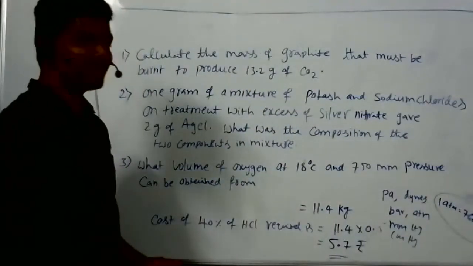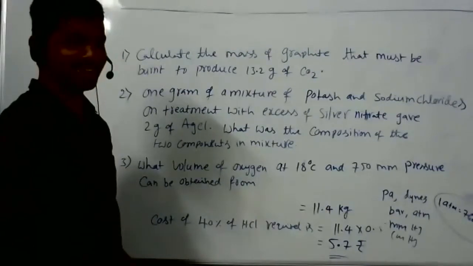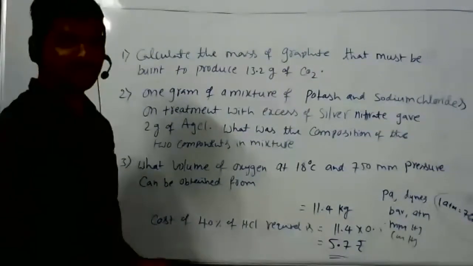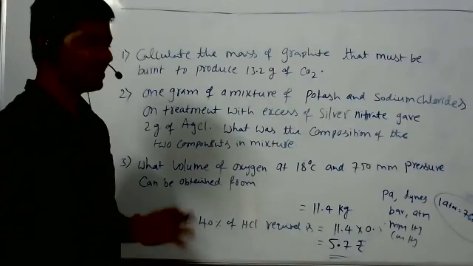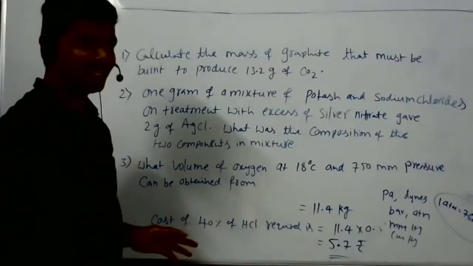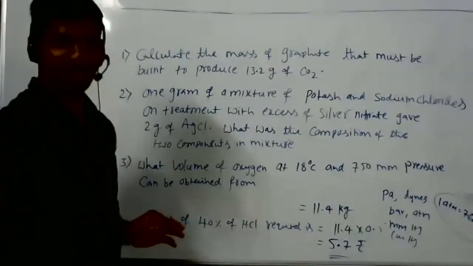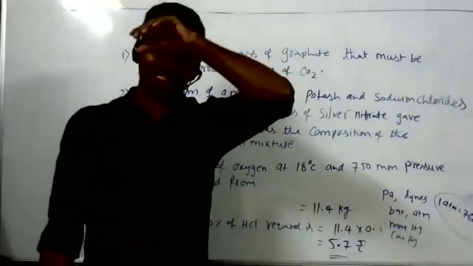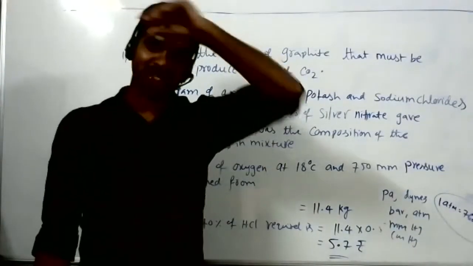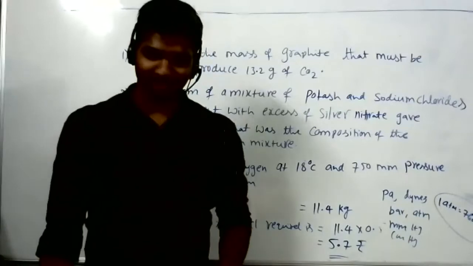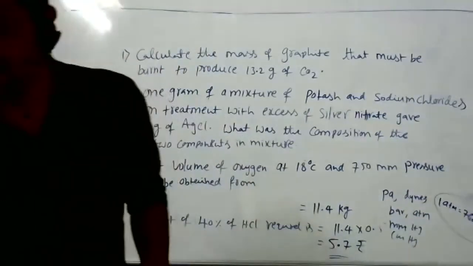Units and dimensions are there in the 11th standard, right? Sir, it's there, but we didn't learn about centimeter Hg. You studied only the relation between pascal, dyne, and atmosphere.